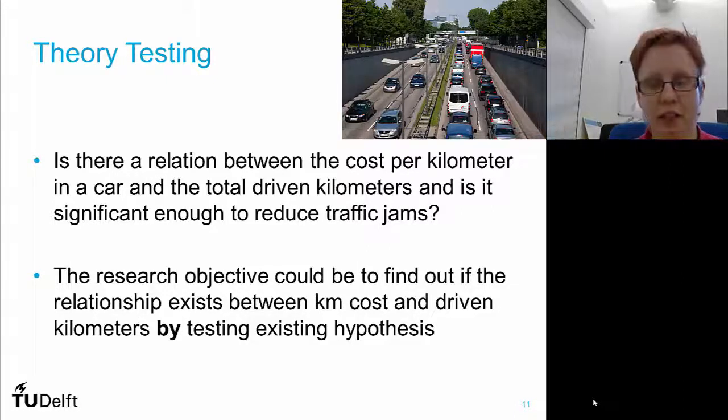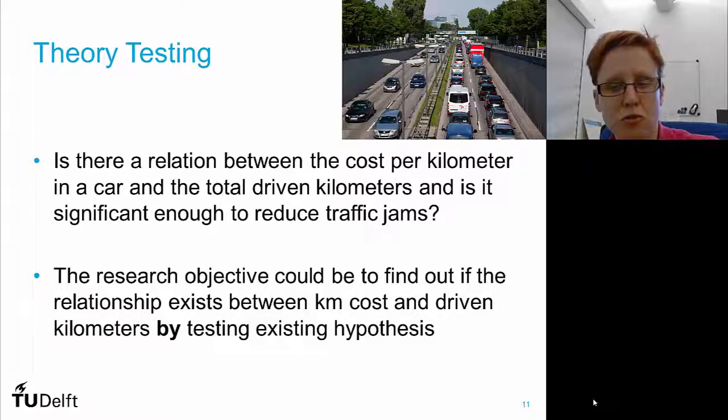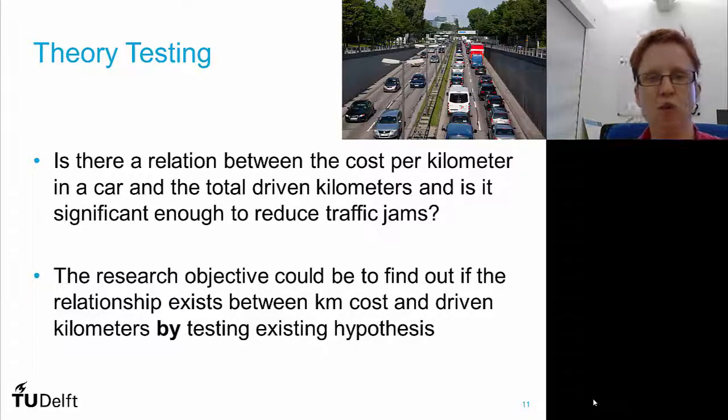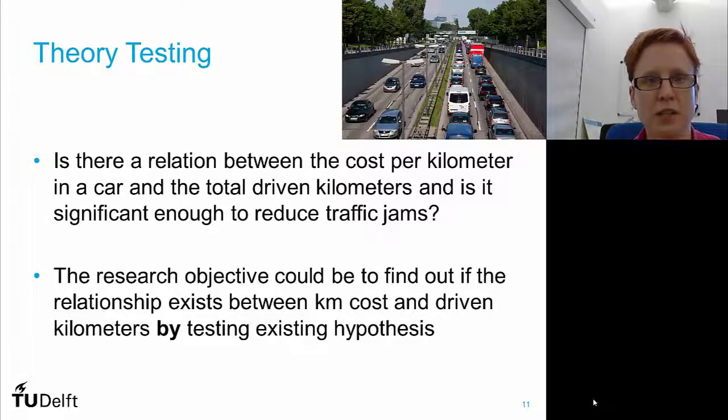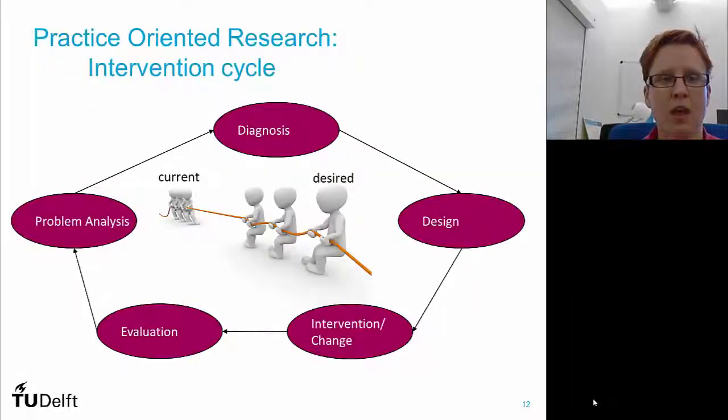How you do it? That's the next step. But for now, that is what your objective is. You want to find out if something that somebody claims is true is actually true by a certain means. So that is where you have to be very specific. You will also be downgraded for this course if you do not have the "by" part in your research objective.